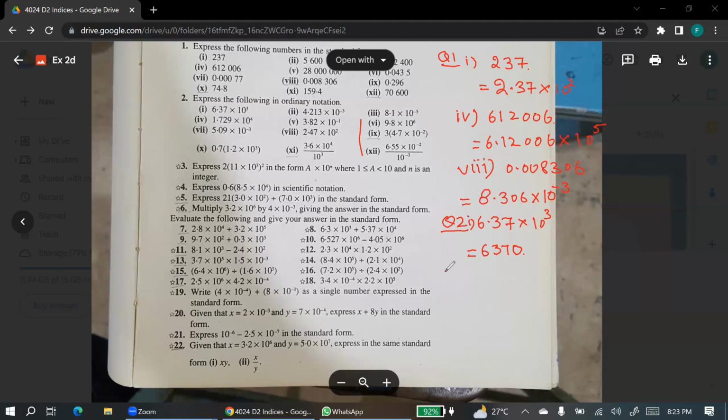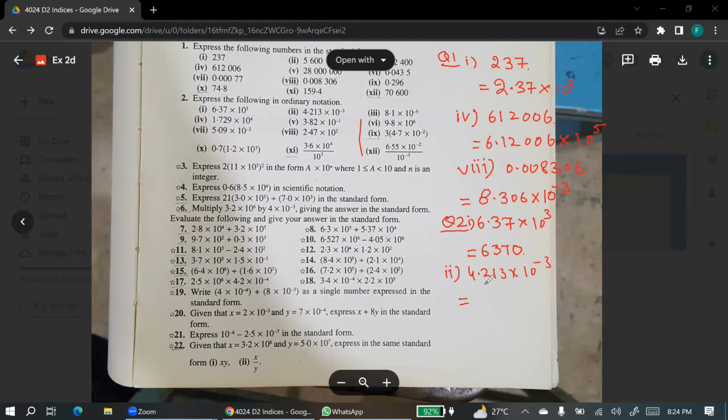Now part number 2. 4.213 into 10 power minus 3. We want to multiply 4.213 with 10 power minus 3. The new number will be smaller or greater? Smaller.